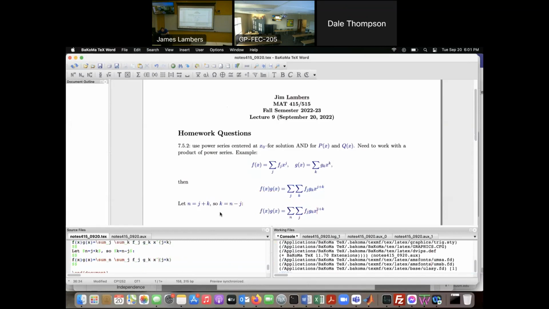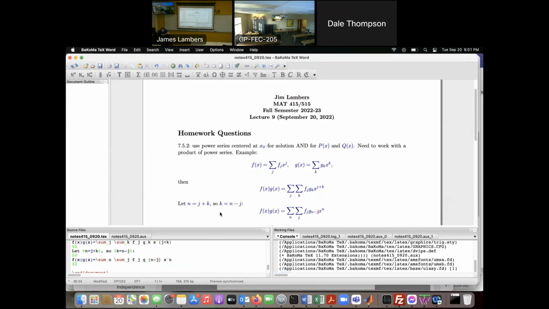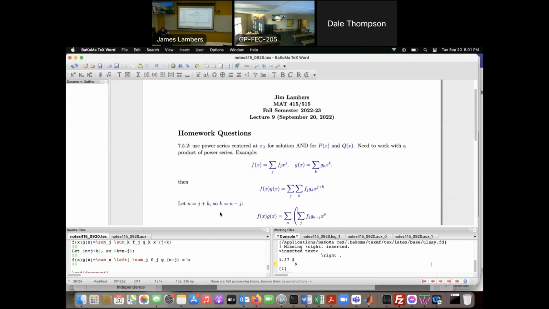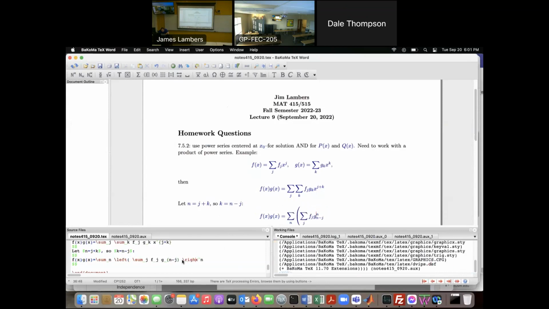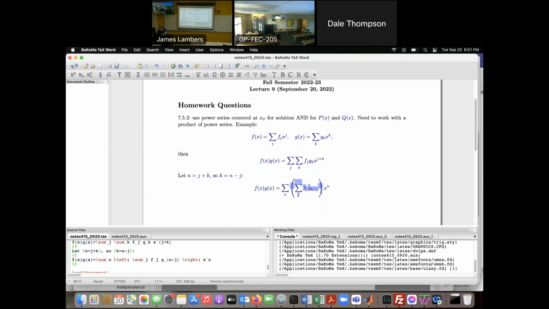Now x to the j plus k becomes x to the n. And where I had k before, I'm going to have n minus j. So this is a degree n coefficient in the power series of a product. And it comes from combining, kind of like a convolution, the coefficients of f and g.